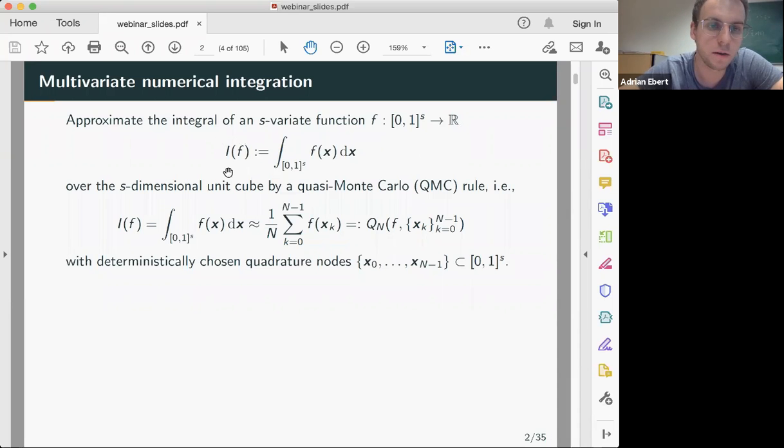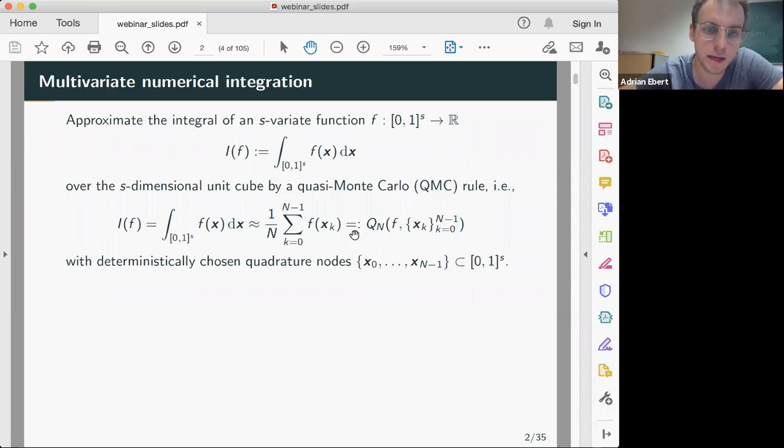The corresponding integral we denote for short by I of f. And we want to approximate this integral by a quasi-Monte Carlo, or short QMC, rule. This will be denoted by Qn, so n will be the number of quadrature points that the rule uses, and it depends on the particular integrand function f and then on this point set of the x_k, where k runs from 0 up to n minus 1.